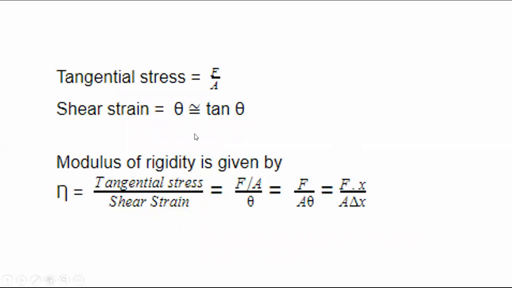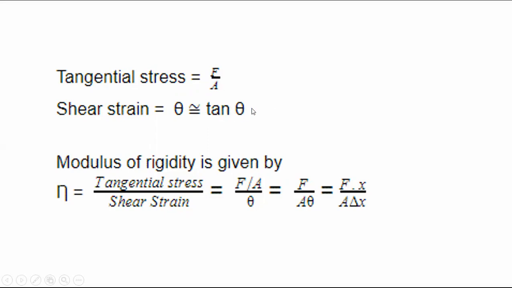Tangential stress, you know, is the force in the tangential direction and the area on which this force is acting, force divided by area. This force is actually a resistive force offered by the material because of the application of this external applied force. So once we get tangential stress, we will find the shear strain. From the last diagram which I have drawn, you have seen that opposite upon adjacent we will get tan theta.